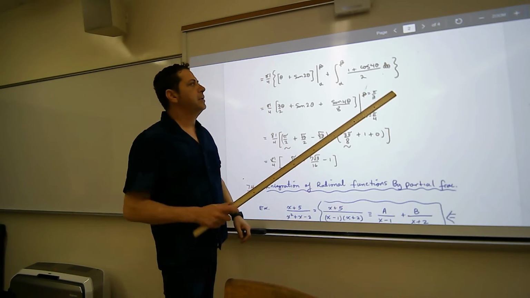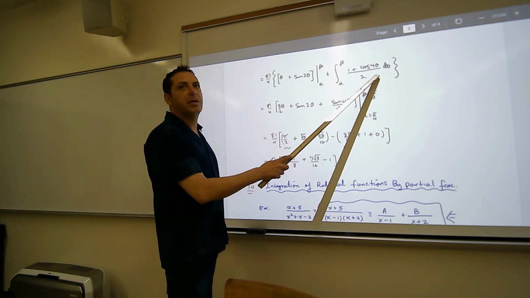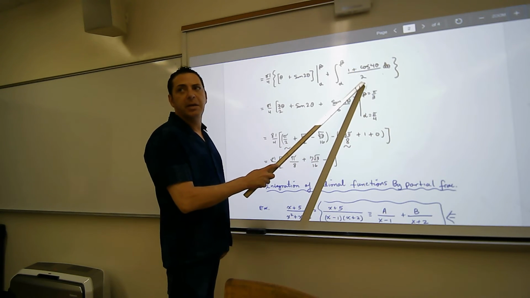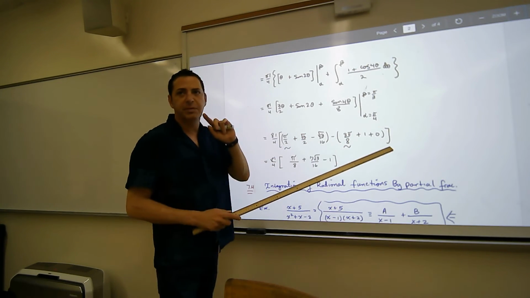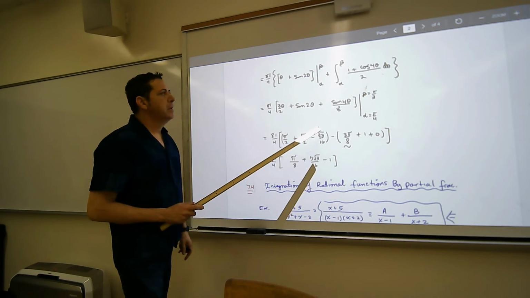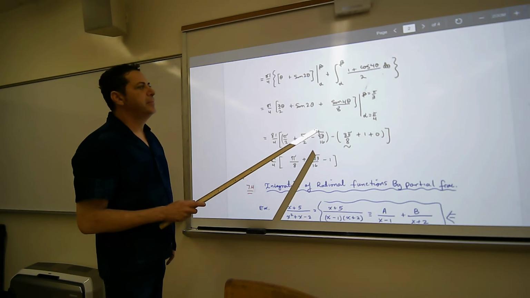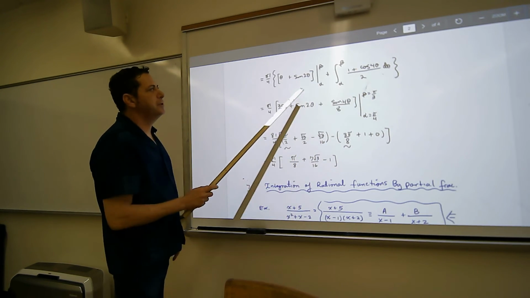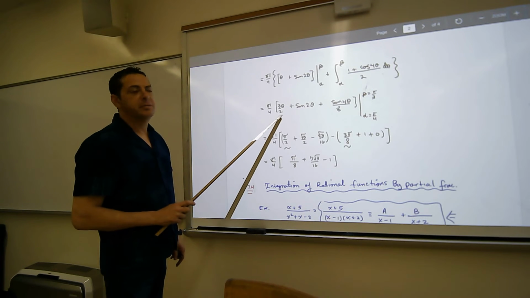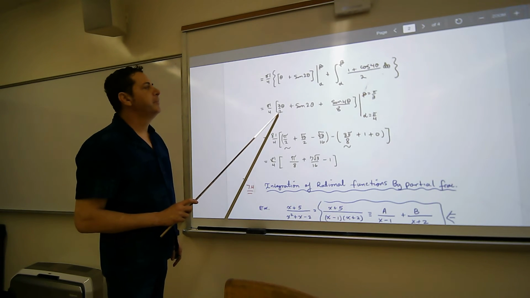Then I use the half angle formula on cosine squared again. Cosine squared 2 theta is 1 plus cosine 4 theta over 2. And now I can integrate all of it. That gives me theta over 2. That theta over 2 joins that theta to make 3 over 2 theta.